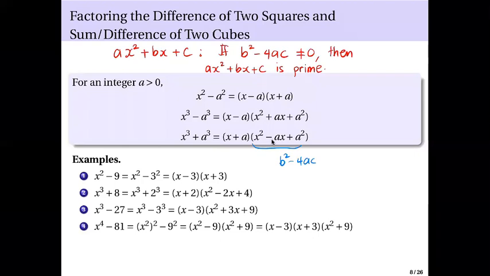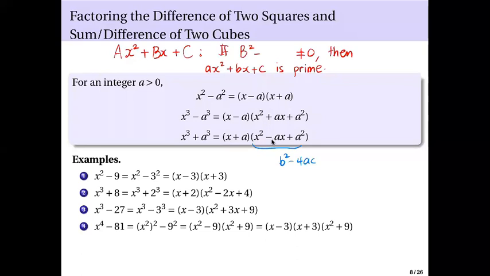Well, to avoid confusion, I will change the case of these coefficients. Instead, I'll be using capital A, capital B here, and then capital C here, which means that for this guy here, we just use the capital letters.